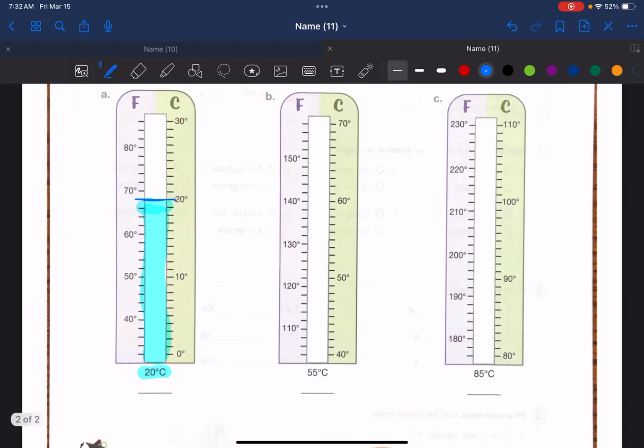So I'm going to write it's 60 something. What are you going to have to count by? Can you count by ones? 60, 61, 62, 63. No, can't do that. 62, 64, 66, 68. Yeah, so 68 degrees Fahrenheit. Remember that little circle means degrees.